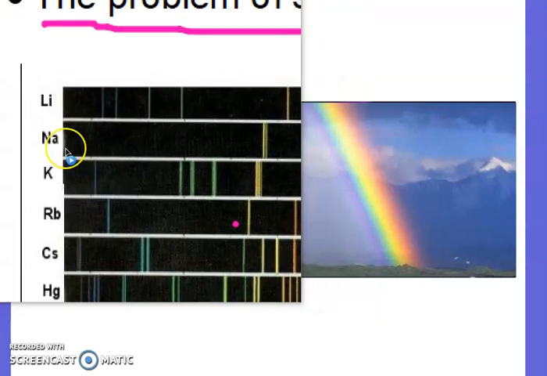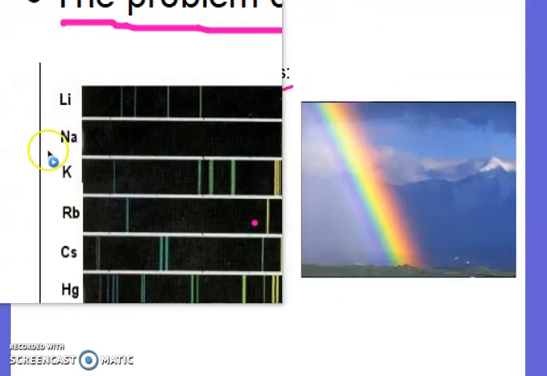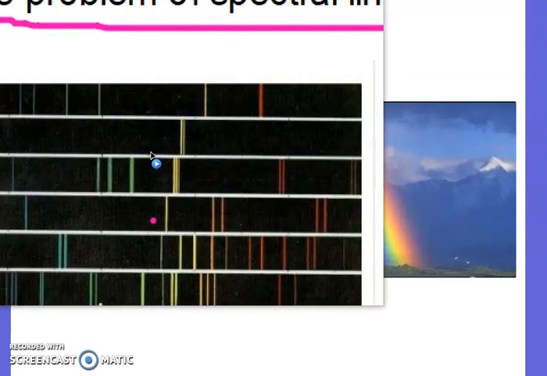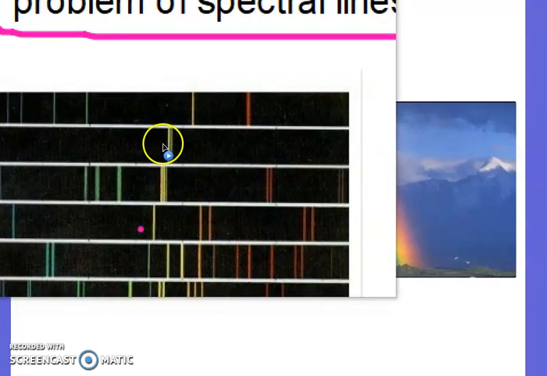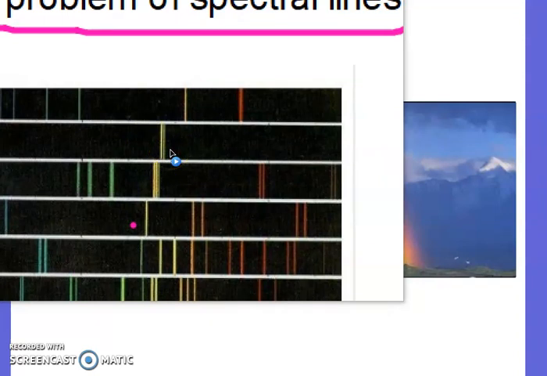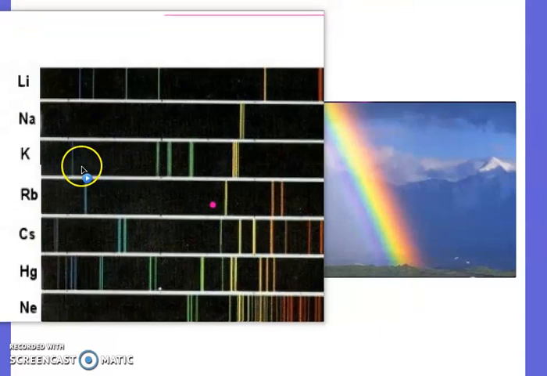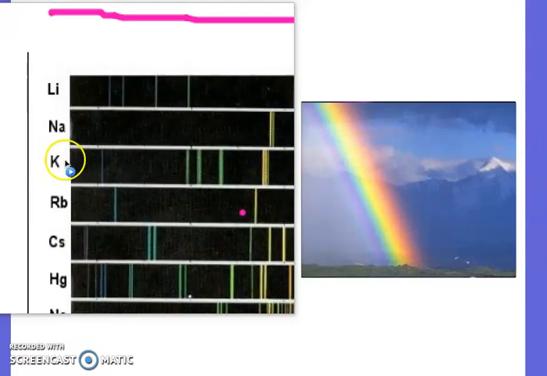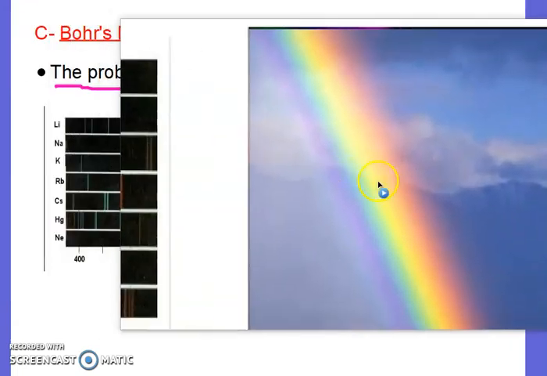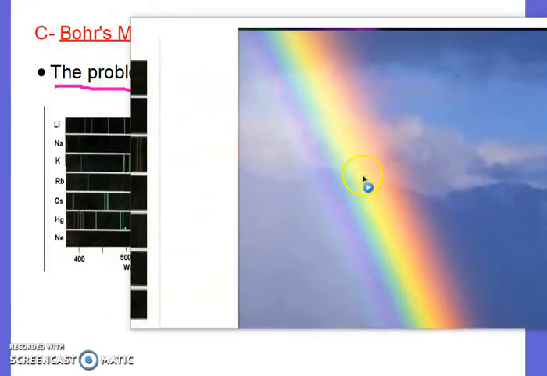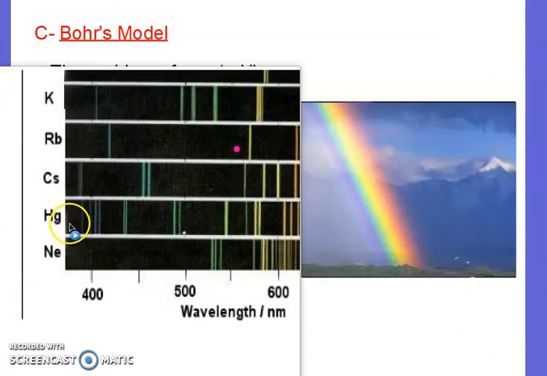Each color represents here a monochromatic wave. Now look at the sodium lamp. The sodium lamp is the lamp in the street near your house, which gives a yellow color. Look here, it gives only two sharp parallel lines very close to each other. Look at the potassium lamp. Only a few colors exist. Do they look like this range of colors? No. Look at the mercury lamp. You see?